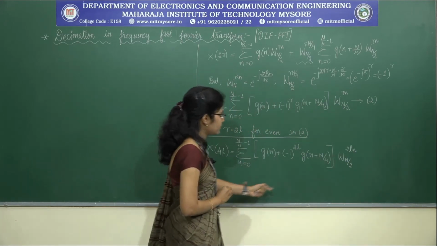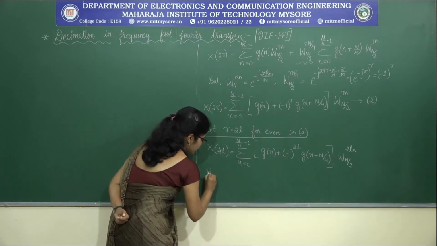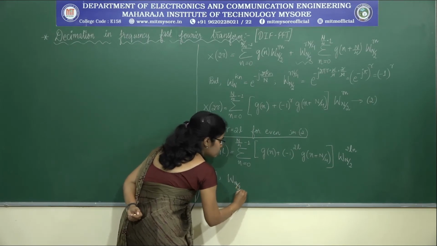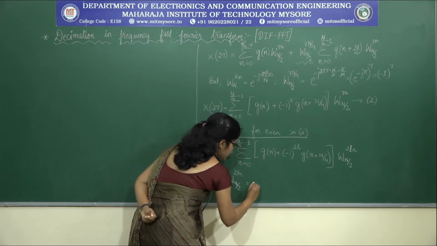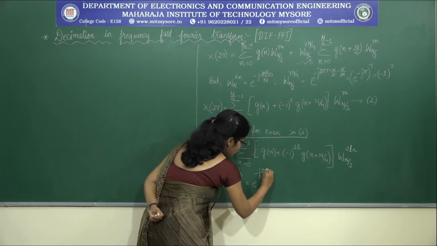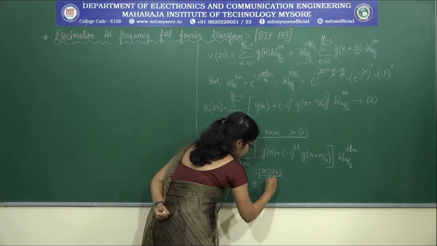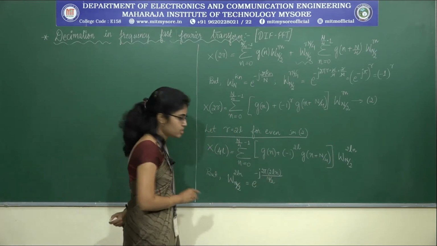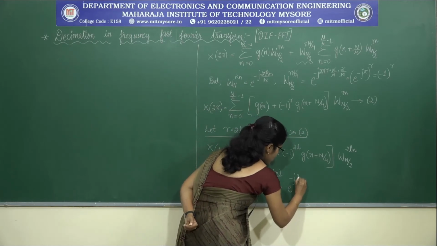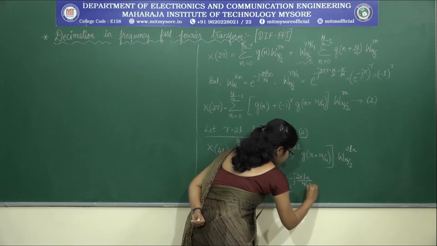Okay. Now, let me find out what is the value for this term and what is the value for this term also. Omega N by 2 to the power of 2ln will be equal to, I am writing this directly, e power minus j 2 pi into 2ln divided by N by 2. So, I will move this term to the denominator part. I can write it as e power minus j 2 pi ln whole divided by N by 4.